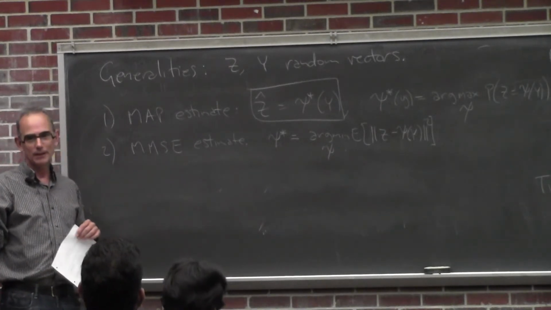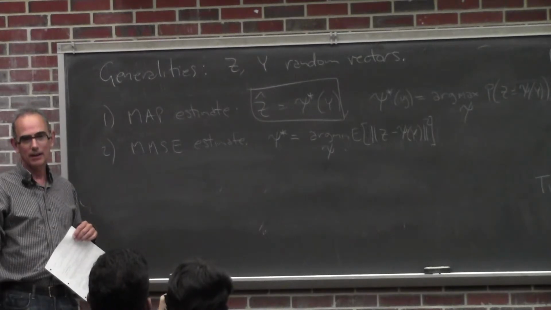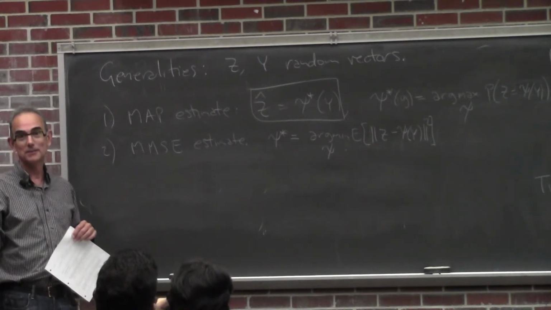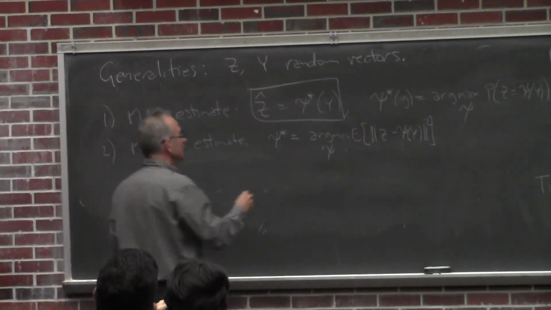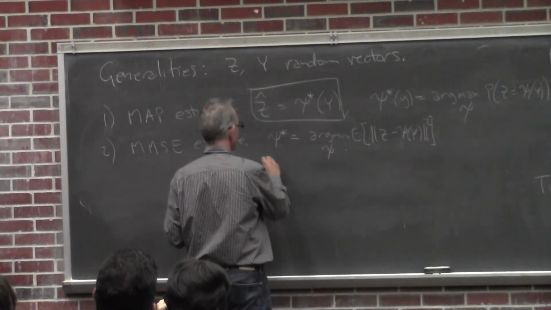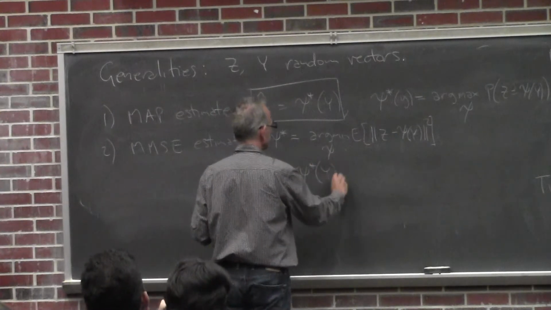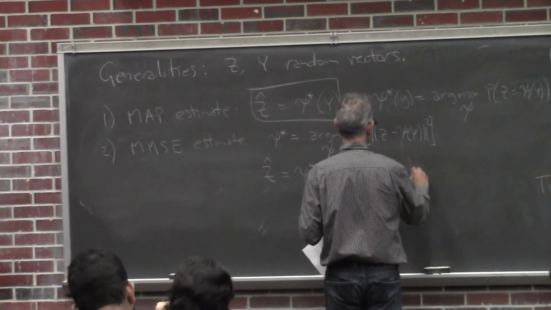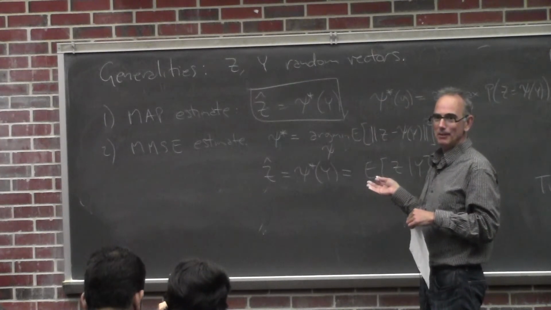It's the expected value of z with respect to the probability density p of z given y. What's the conditional mean of that? Yes, absolutely, that's the shortest way of saying it. So z hat in this case equals psi star of y, which is exactly what you said: the conditional expectation of z given y. And if we did have a density, but we don't.